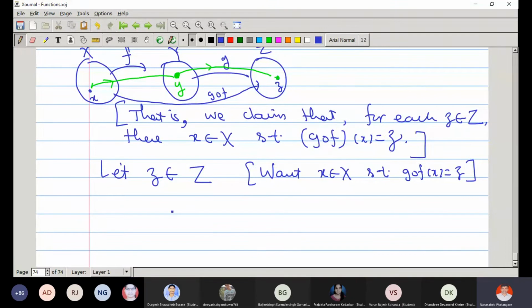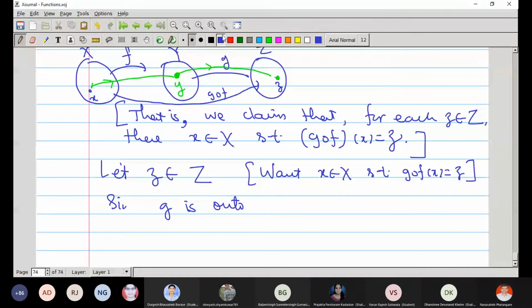Okay, so how to write this down? z is in Z, and Z is the codomain of g. Since g is onto, and g is a function, can I produce a pre-image of z under g in Y?